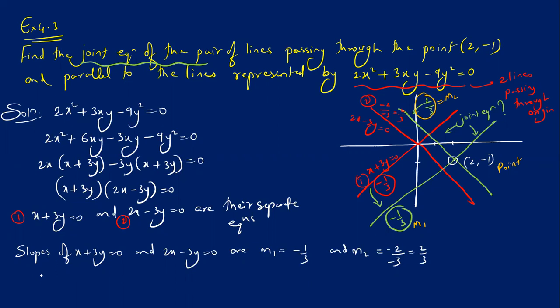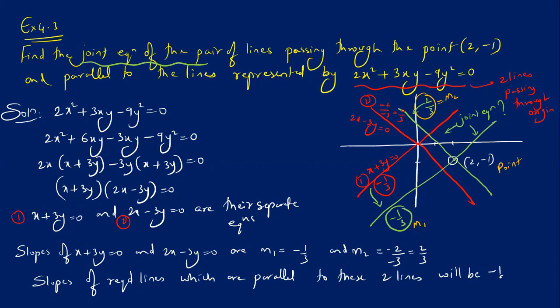Now we can write the slopes of the required lines which are parallel to these two lines will be minus 1 by 3 and 2 by 3 respectively.